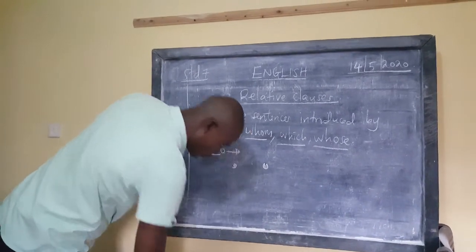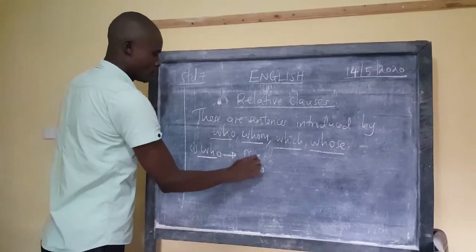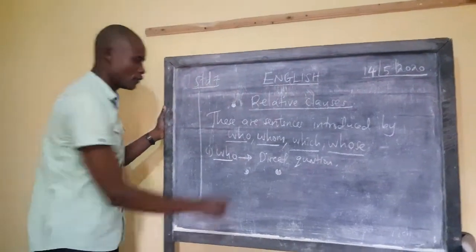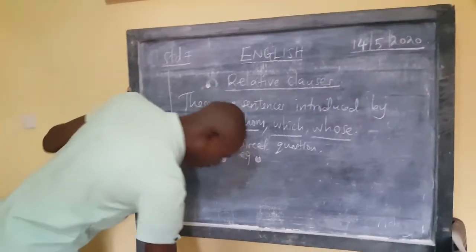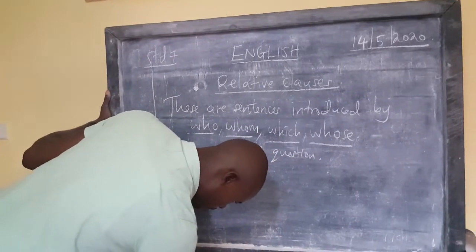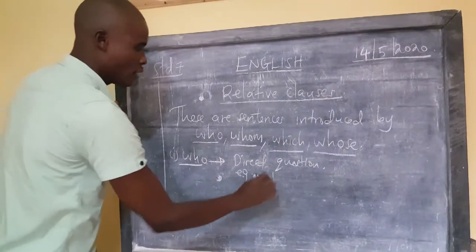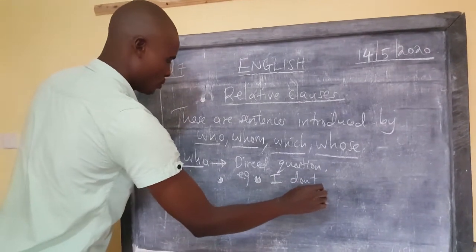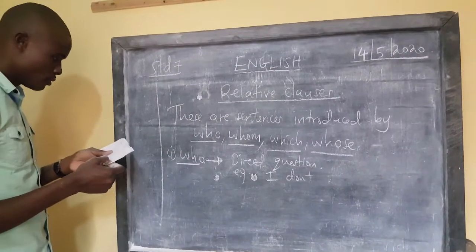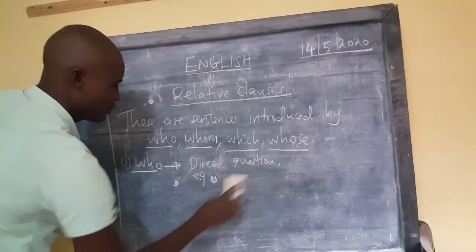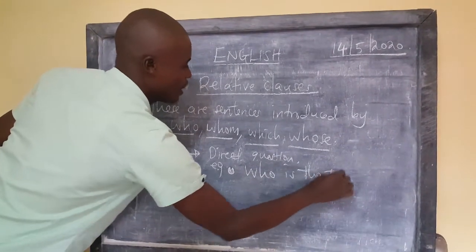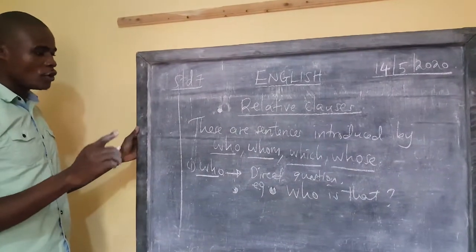Who can be used as a direct question. For example, number one, who is that?